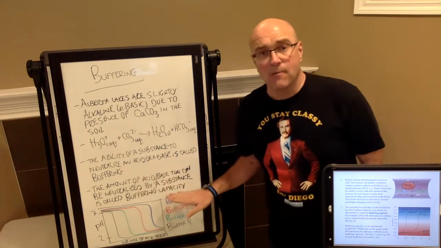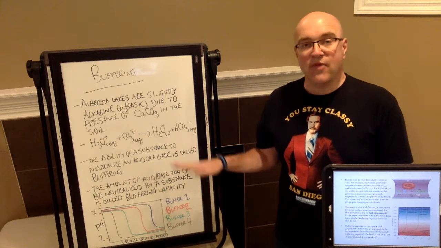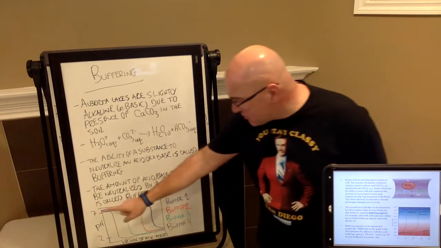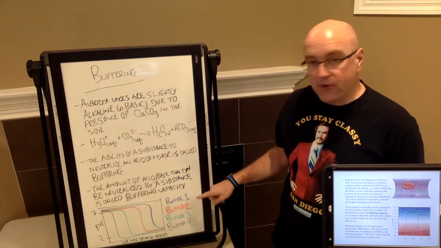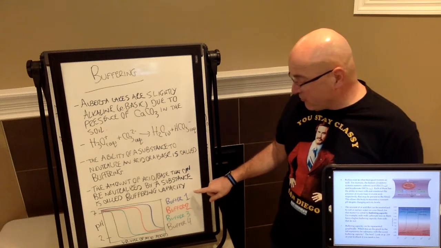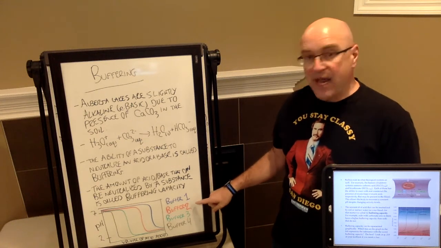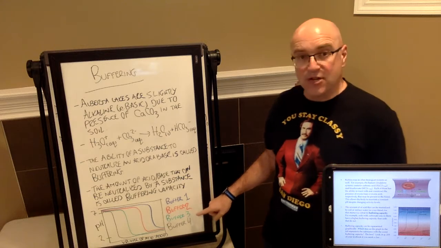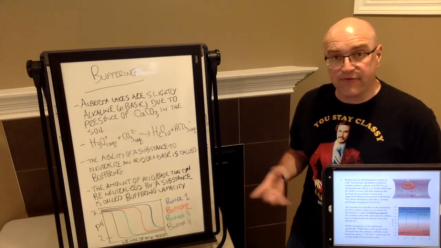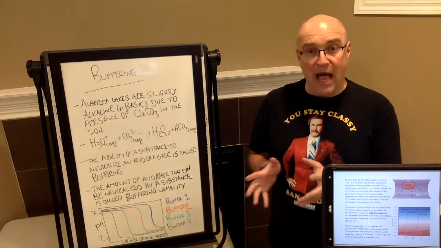My diagram here would be more of what's happening with acid deposition. This is going to show you buffering. There are 4 buffering agents that I've drawn. I've got buffering agent 1 in blue, buffering agent 2 in red, buffering agent 3 in green, and buffering agent 4 in black.